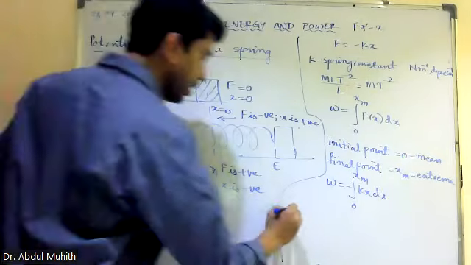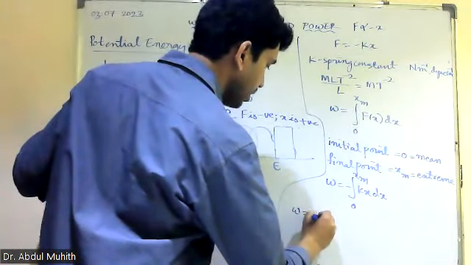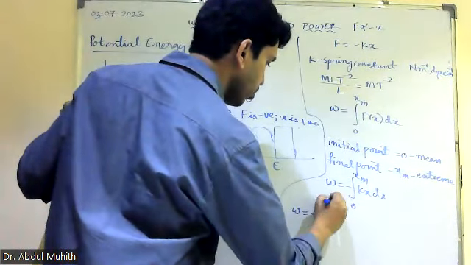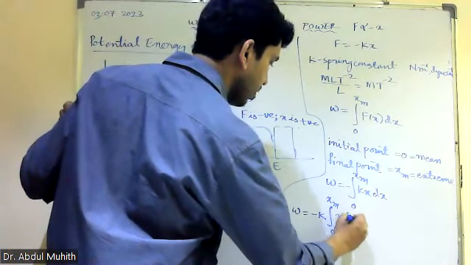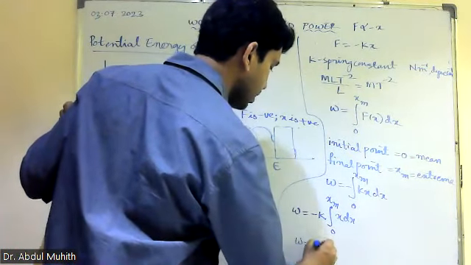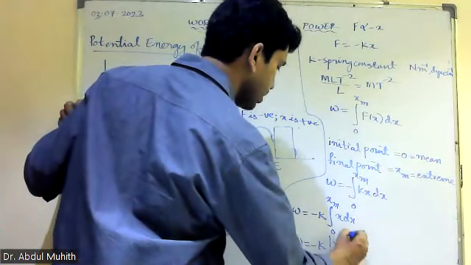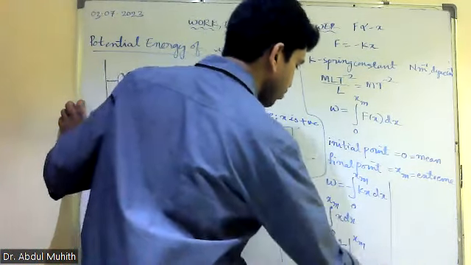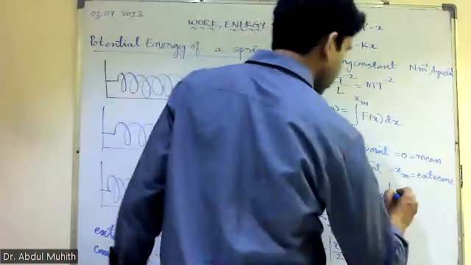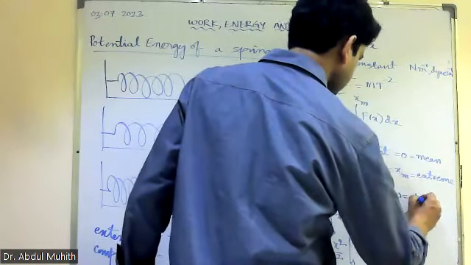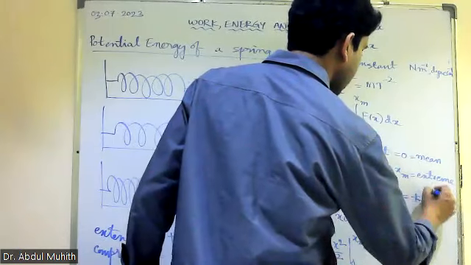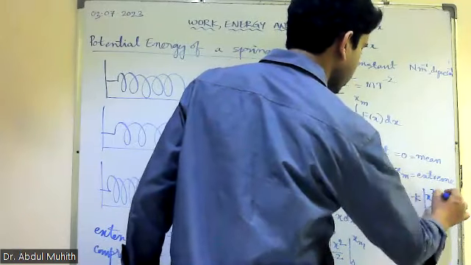Now I'm taking k outside. So it is equal to minus k outside, the integration from 0 to xm of x dx. What is the integration of x? It is x square by 2, from 0 to xm. So W equals minus k into xm square by 2 minus 0.